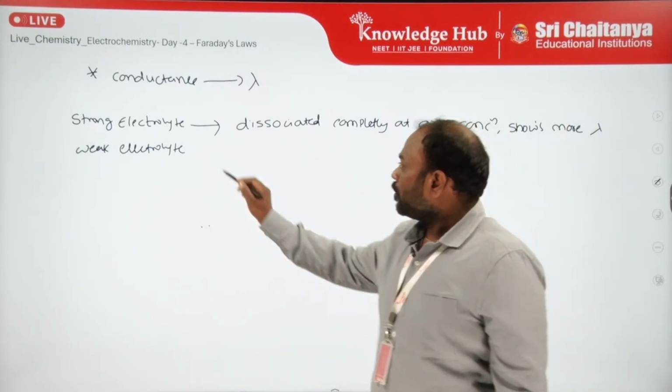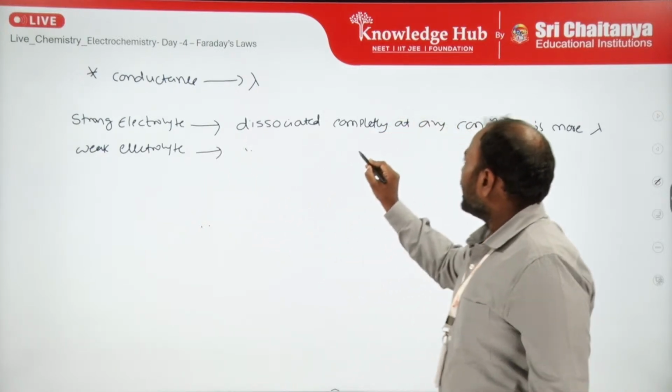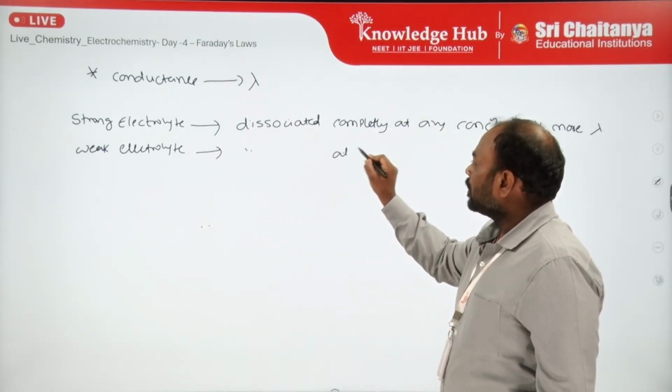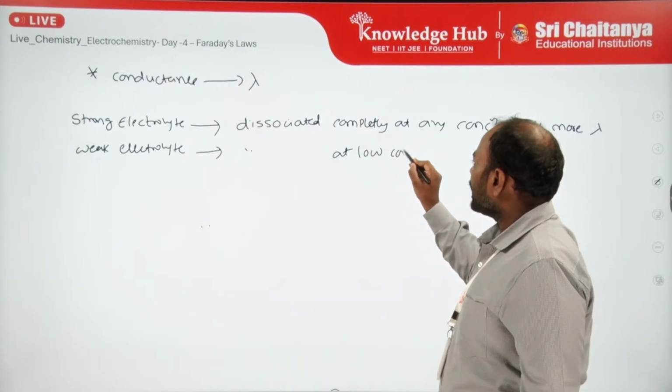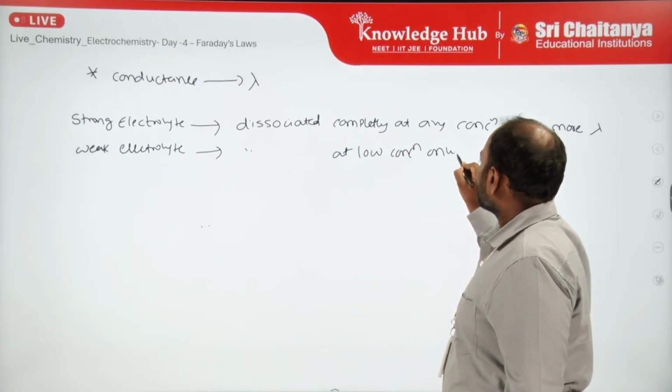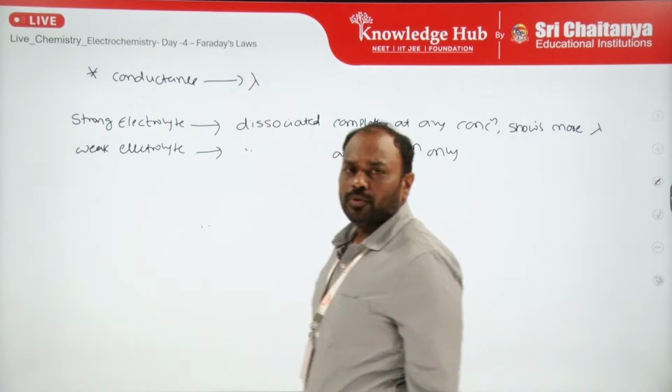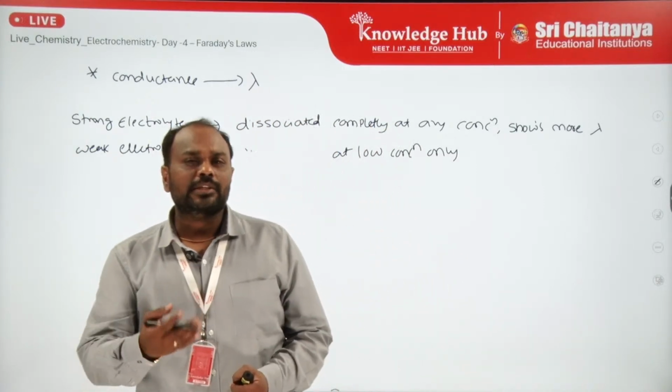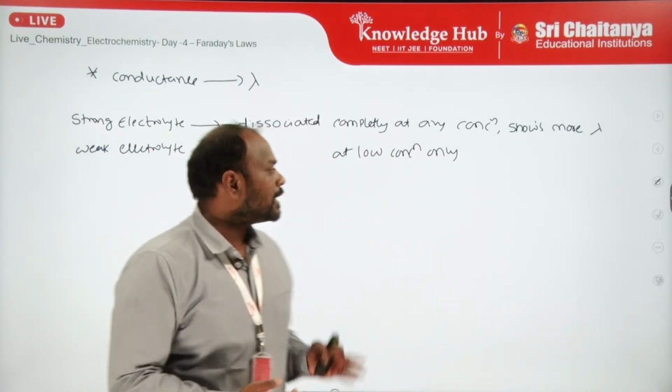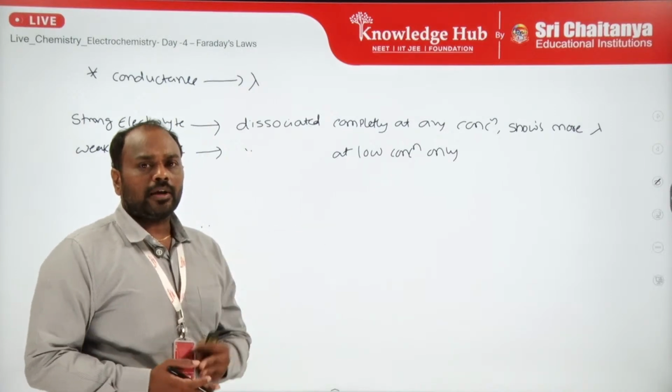But weak electrolytes are dissociated at low concentrations only. Only at low concentrations it is dissociated, because it is very difficult to dissociate. That is why it is called the weak electrolyte.